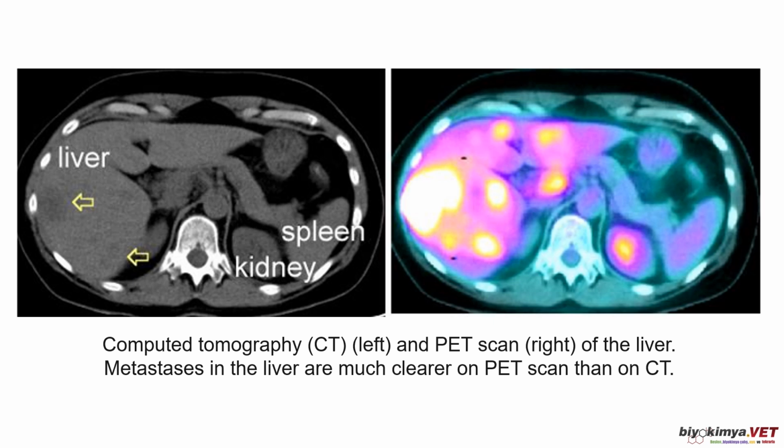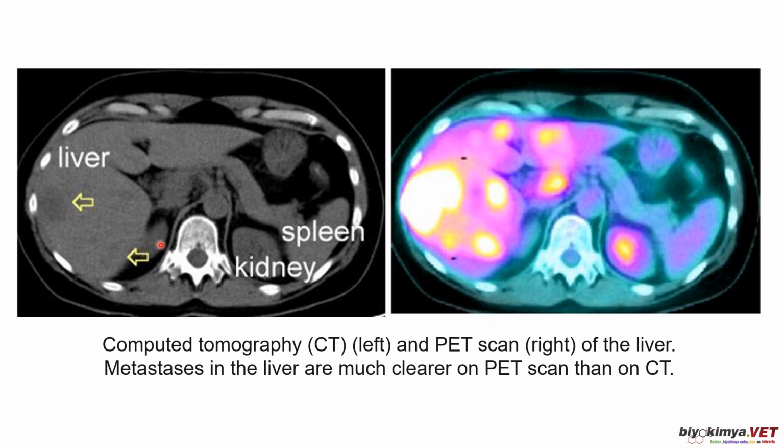You see two different pictures: this one is a computed tomography, and the right one is a positron emission tomography of the liver. In this patient, there are tumoral developments in the liver, and the arrows show the metastatic areas.